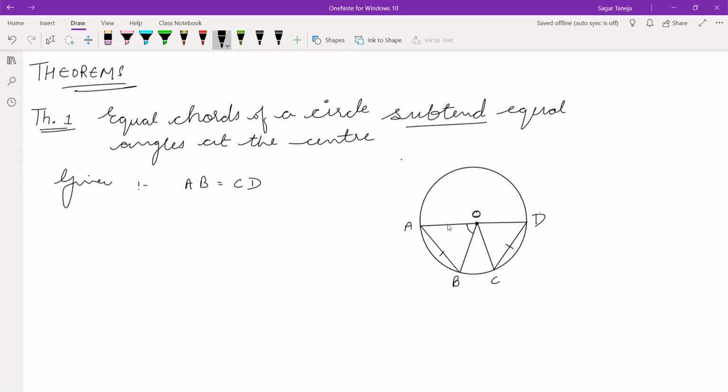We have to prove that angle 1 and angle 2 are equal. Angle 1 is made by this chord. See, with the endpoints of this chord we have made this angle at the center, and with the endpoints of this chord we have made this angle 2 at the center. So in the proof, we have to prove according to the theorem that angle 1 and angle 2 are equal.